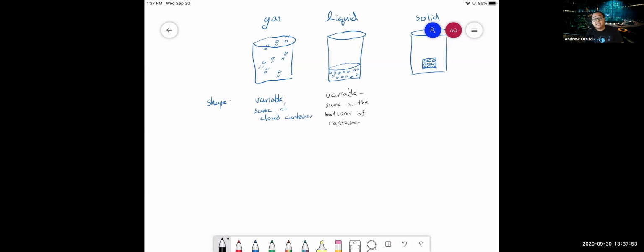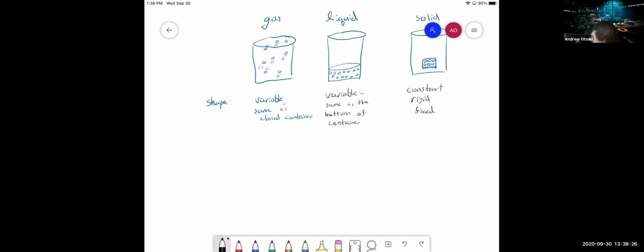There's a difference between gas and liquid because liquid can only occupy by gravity what's at the bottom, whereas gases are always moving about in a closed container, so they'll occupy all that space. So for solids, they have a constant shape, and it's rigid and fixed. It will not change no matter what container you put it in. It'll always assume its own shape. It'll never conform to the walls of the vessel or container.